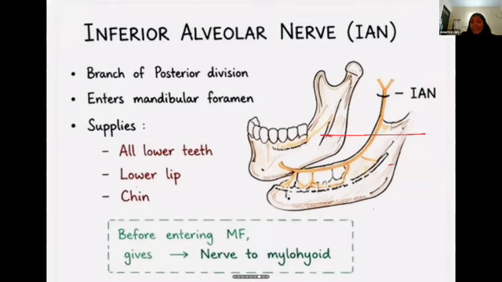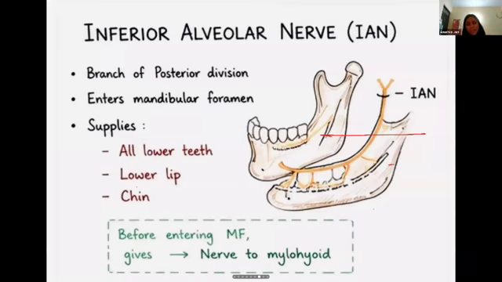But before entering the mandibular foramen, it gives the nerve to mylohyoid. Any injury to it during extraction causes numbness in your lower teeth, lower lip, and chin. Very, very basic. Now let's move towards the lingual nerve.